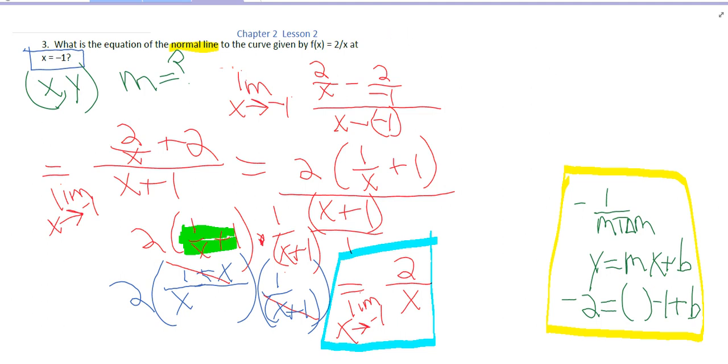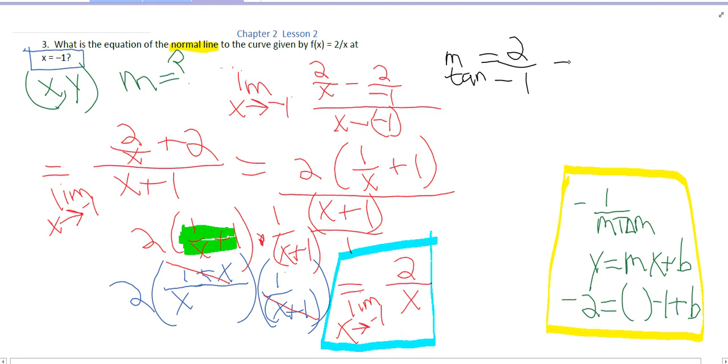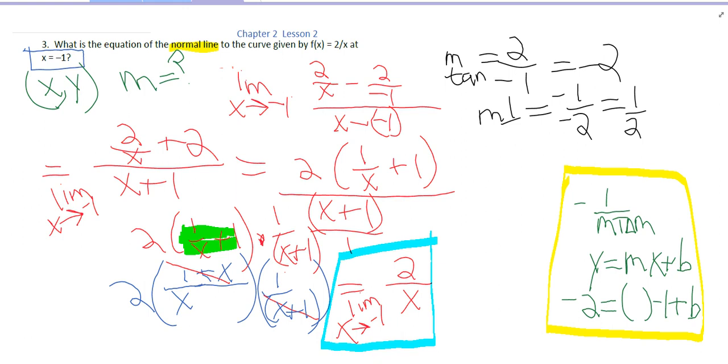And we have slope of the tangent line is equal to -2. Well, remember, in this problem we aren't so interested in the tangent, we need to know the normal line, so we're going to make this the opposite reciprocal. So we have the opposite of -1/2, which is +1/2. Okay, so from there you can find the rest of the values you need, and you can rewrite the equation.